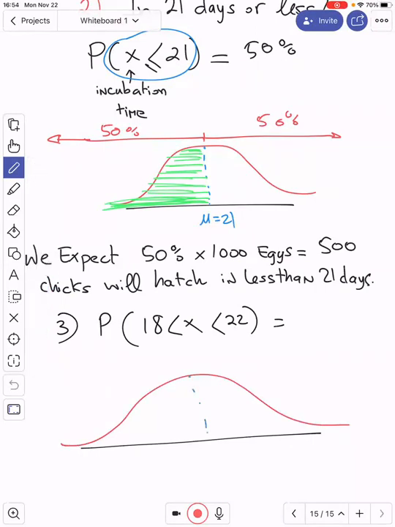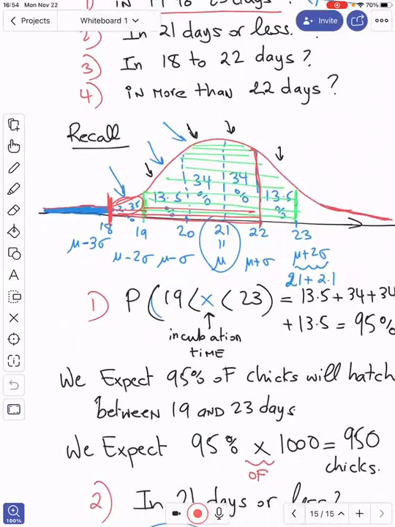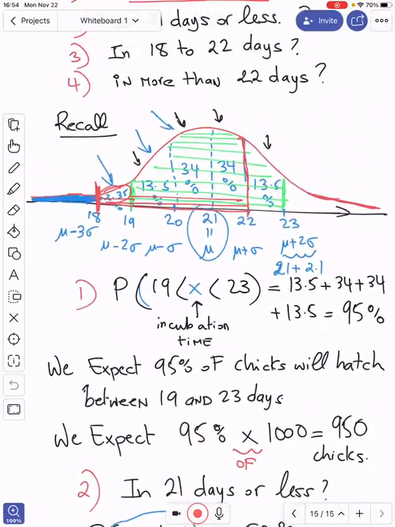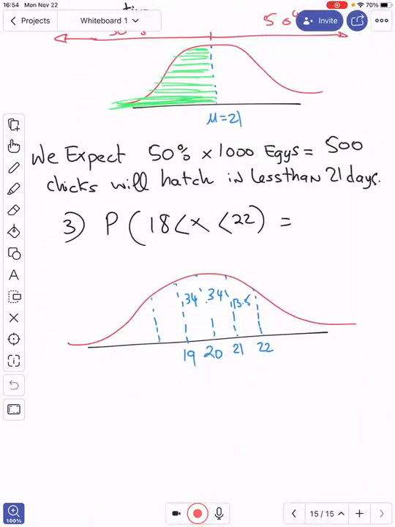So again, my graph. This is your mean, which we said was 20. This is 20 plus 1. This is 34%. This is 19. This is another 34%, right? And then you have 22, which is 13.5%. Let me just make sure, 18, 22. Oh, sorry, the mean is 21. Sorry, the mean is 21, it's not 20.